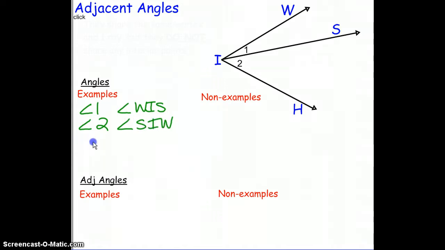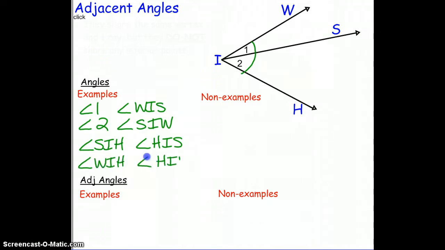Angle 2, labeled with letters, could be angle SIH or angle HIS. Again, notice that the vertex is I, so when we use the letters, I is the middle. We could also talk about the large angle, angle WIH, or in reverse, HIW. Notice that we cannot use angle I because there are 3 angles with a vertex of I.